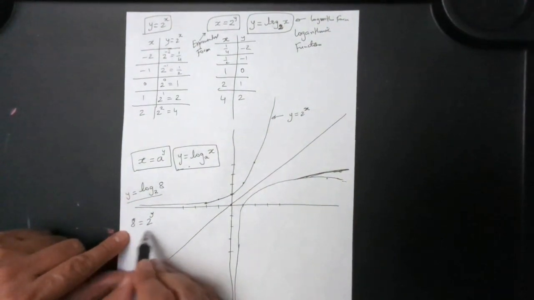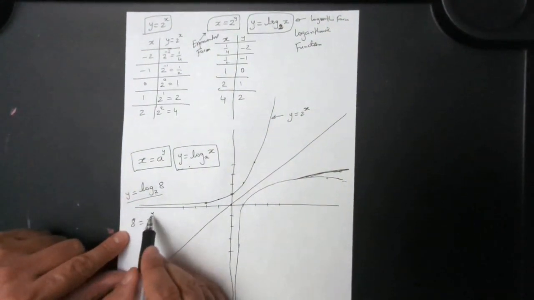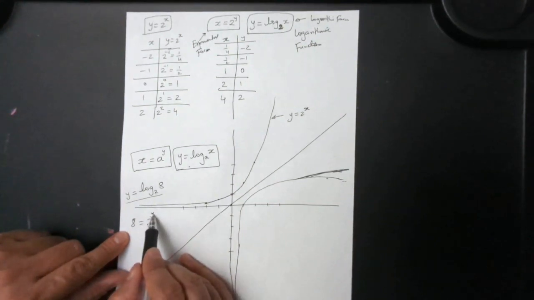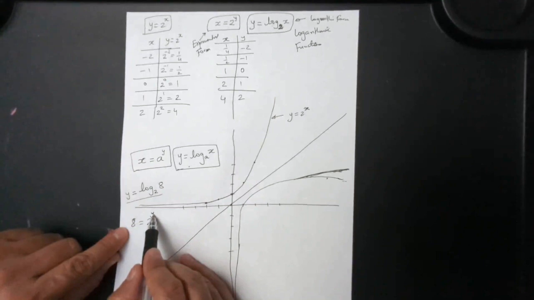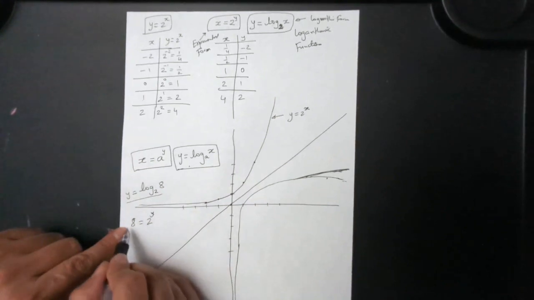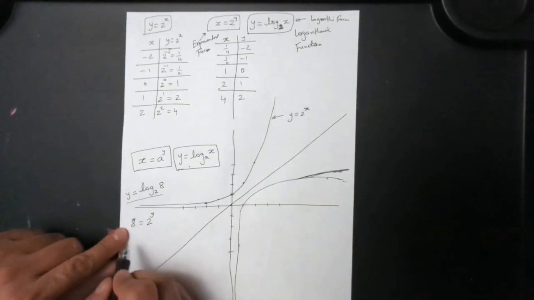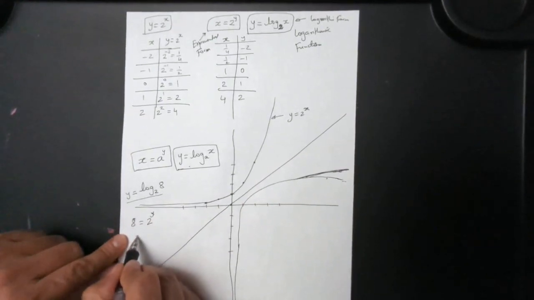So the way to read this equation is, y is that number such that if 2 is raised to that number, we get 8. So what is 8? Can I write 8 as 2 to the power something? Yes, 8 is 2 to the power 3.